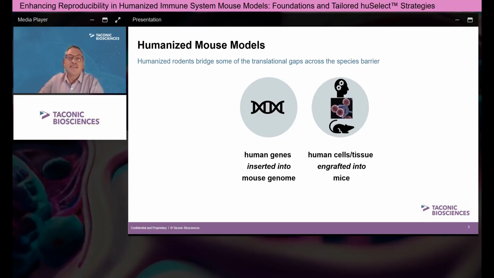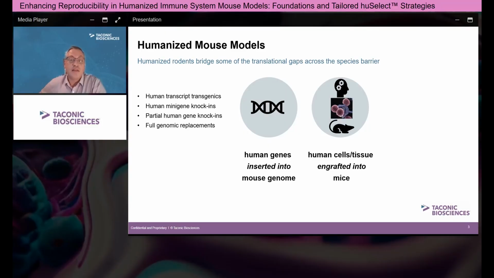Humanized mouse models is somewhat of a broad term that can mean multiple different things. On one hand, mice can be humanized by inserting human genes into the mouse genome. These can be human transcripts, human mini-genes, partial knock-ins of human genes, or entire coding and non-coding sequences for various genomic regions.